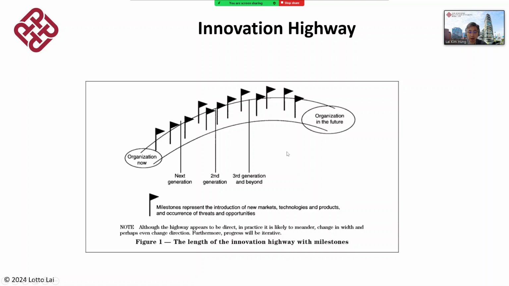One thing we highlight is that this innovation highway is talking about how to turn your organization from its now position to the future position. There are different milestones involving new market, new technology, new product, which may occur, and maybe a risk and opportunity inside. So you go through this highway.